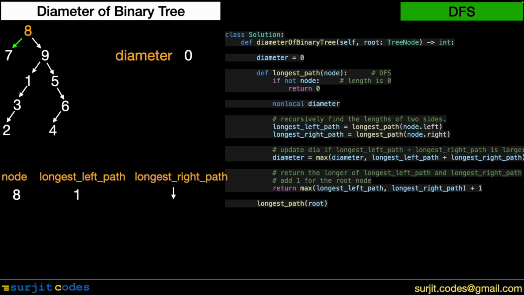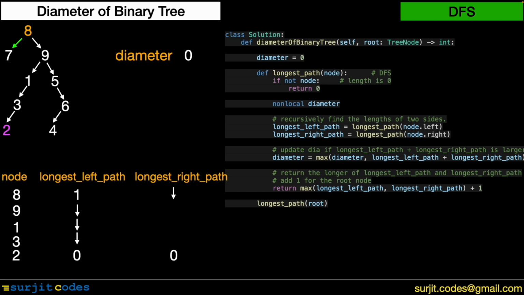We now proceed to find the longest right path of 8, for which we make a call with node 9, which makes a call with its left node, which is 1. This further makes a call with node 3, which then makes a call with node 2. 2 is a leaf node, so both of its values are 0. Their sum is 0, so it does not affect the diameter.